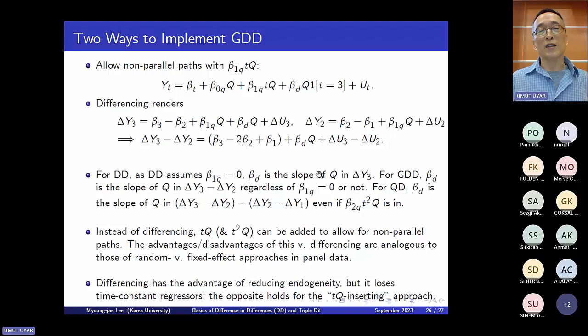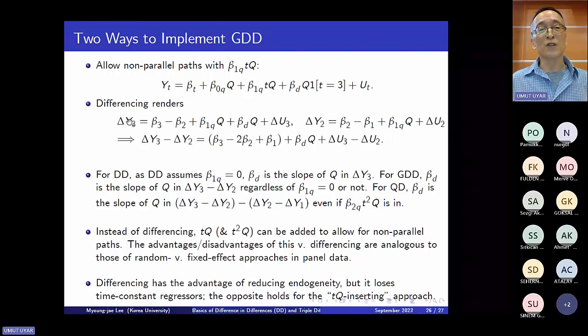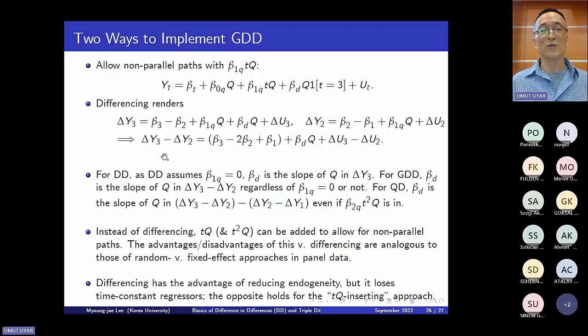So the question is whether you use a level equation or first difference equation or second difference equation, and in each form, where you find your treatment. In DD, under the assumption that this kind of term does not appear, treatment effect is the slope of Q in this first difference form.